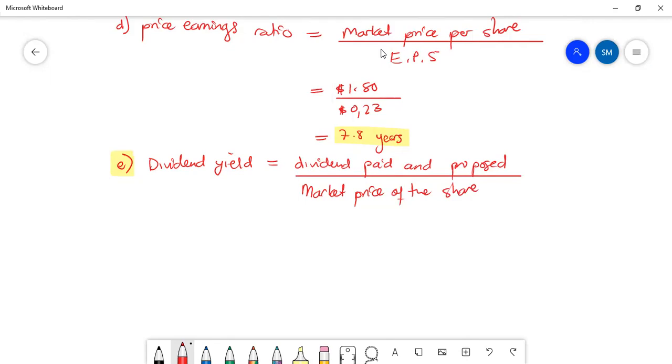So how do we go about this one? It's supposed to be 12,000 divided by $1.80.